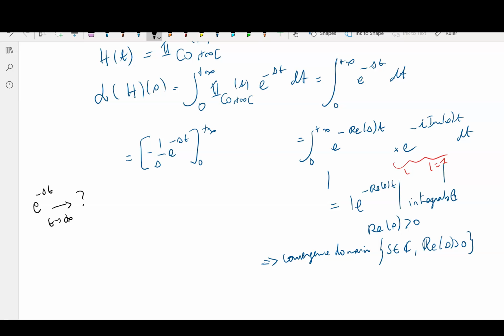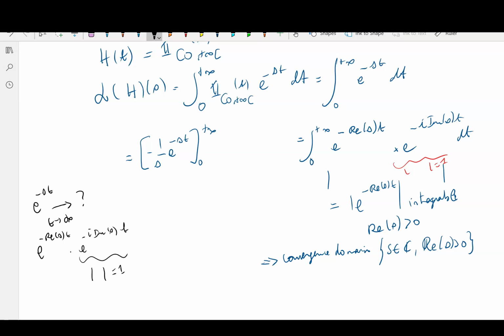What is that? You're all tempted to say it's 0, but as s is complex, we need just one step to see it once. It's just going to be e minus real value of s times t, times e minus i imaginary value of s times t.